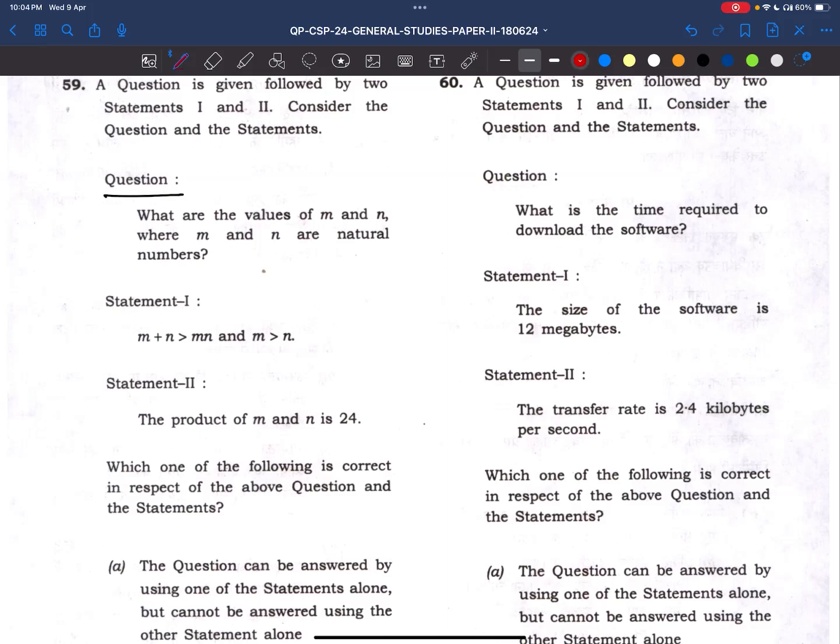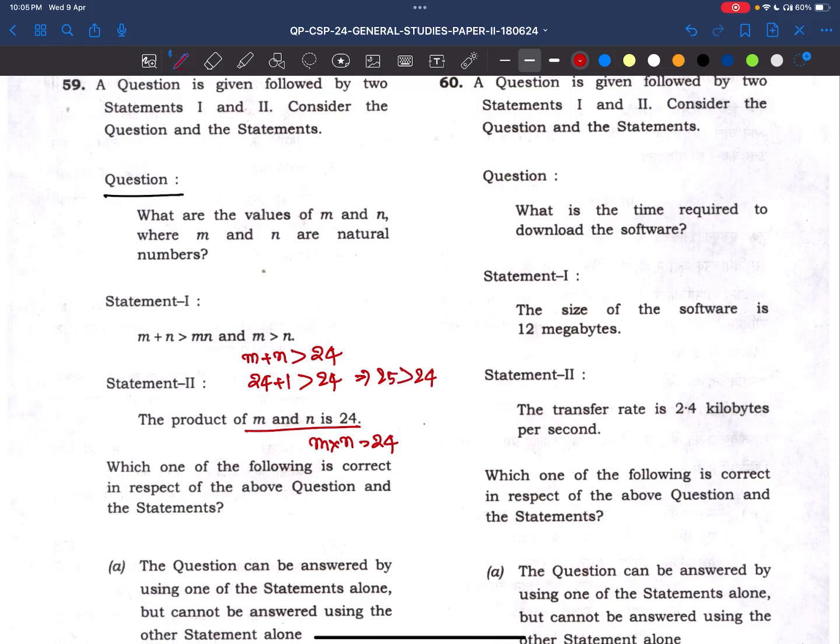That means M into N is 24, so here M plus N should be greater than 24. Right? Only one value is possible, that is 24 plus 1. It is 25, greater than 24.